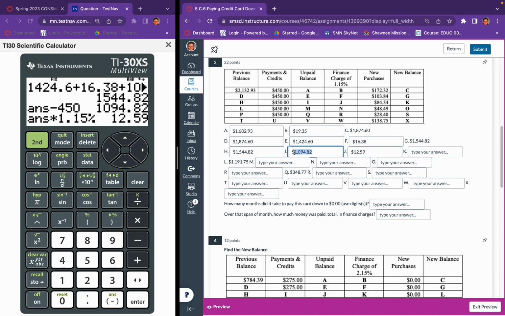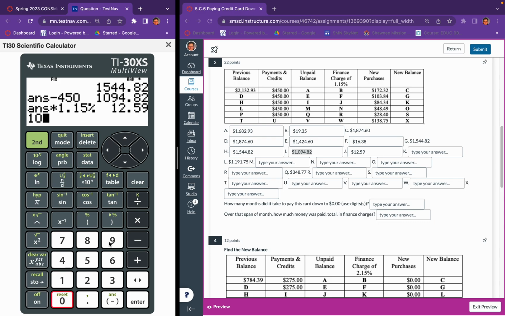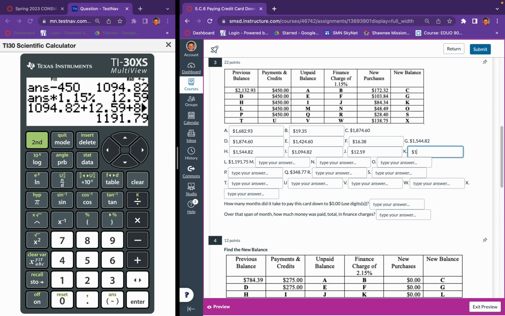So we're going to start with this number, $1,094.82. We're going to add the finance charge, which is $12.59. And we're going to add what we put on the card, which was $84.34, and find out that now we owe them $1,191.79.